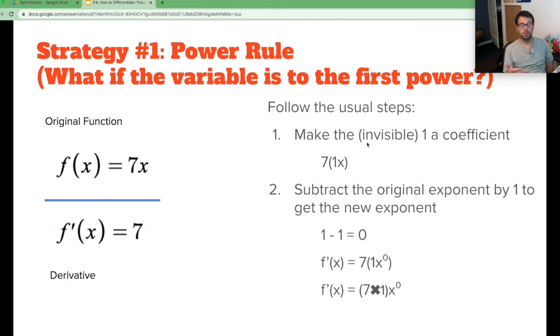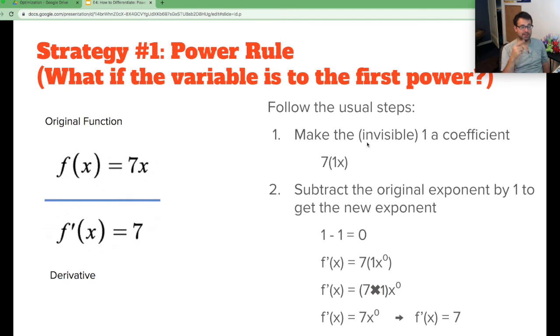We regroup using that associative property like we did last time. 7 times 1 is 7. So we end up with 7x to the 0. Again, exponent properties coming in very important right now. Any number to the 0th power is always equal to 1.